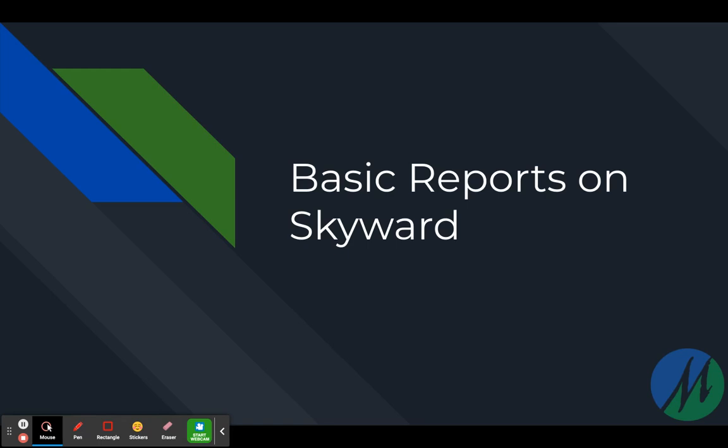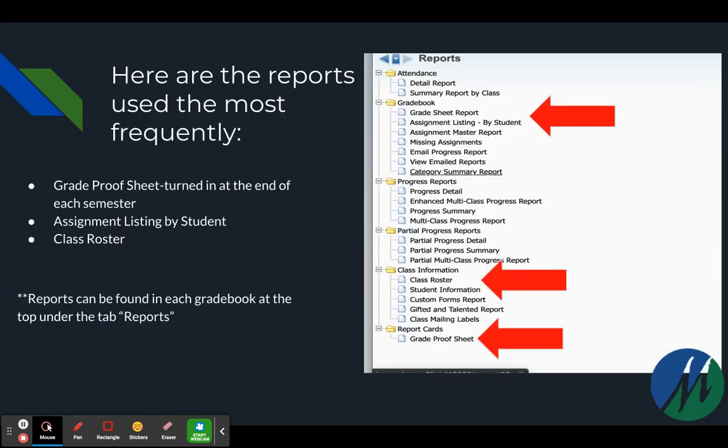Some of the basic reports on Skyward that I recommend. A good one is your assignment listing by student. That kind of gives you an overview of the assignments that have been turned in by each student in that particular class. Grade proof sheet is all the way usually at the bottom. If you don't see it, you may have to adjust the size of your window display, but it will be the last report listed.